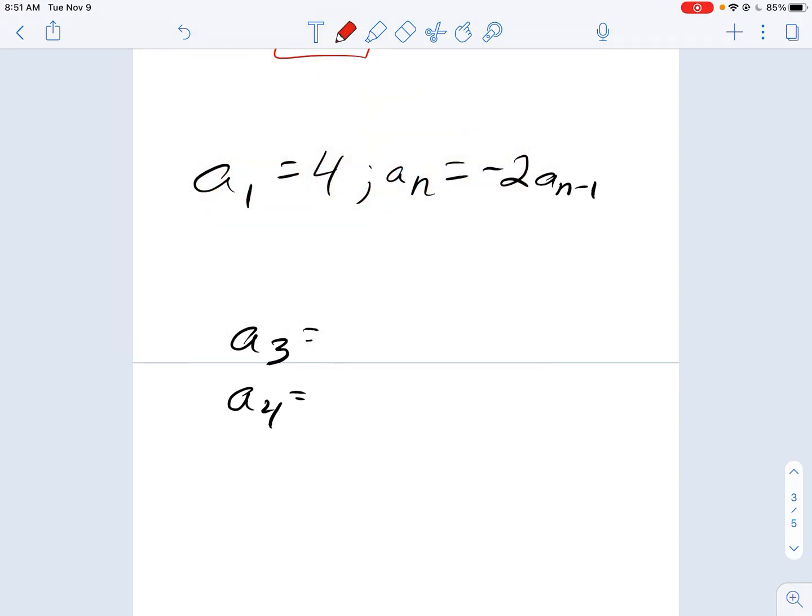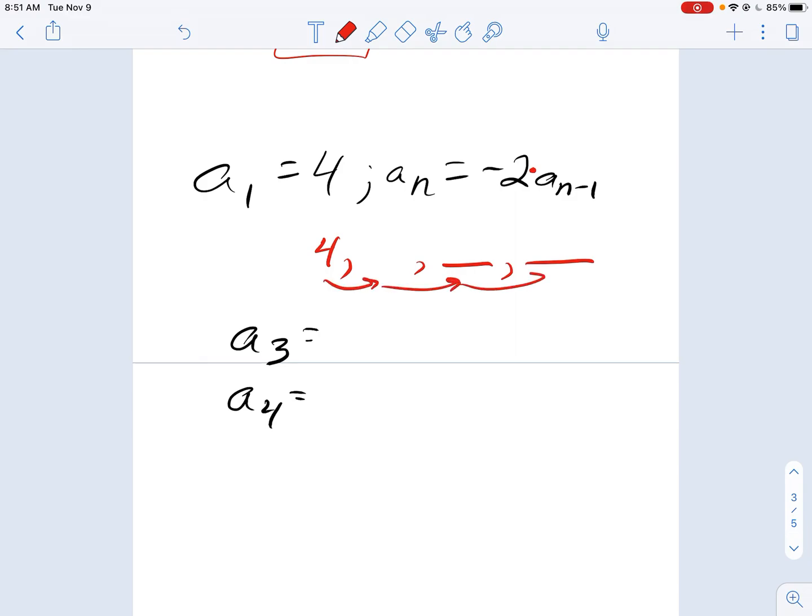Now, this looks a little different than the last one because we don't have the plus or minus at the end. We have this number out front, but I can still start it out the same way. The first term is 4. Then we're going to need to find the 3rd and the 4th term here. Instead of that number being at the end where we know how much we add or subtract each time, it's now out front, which is now multiplication.